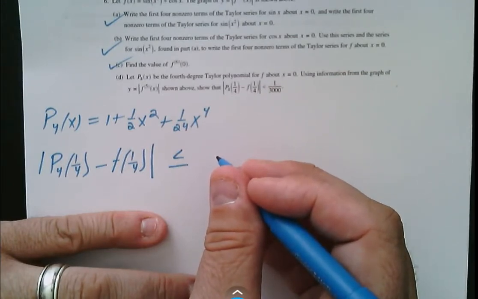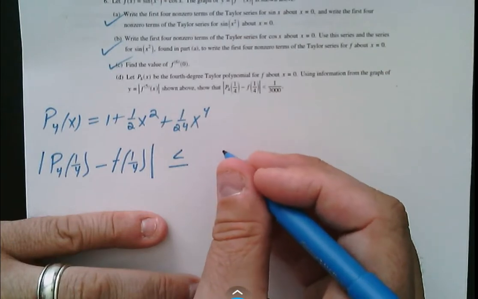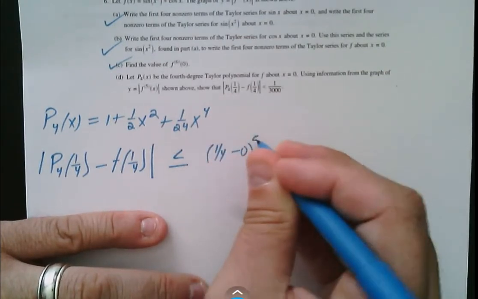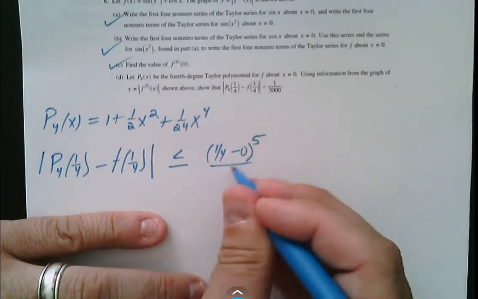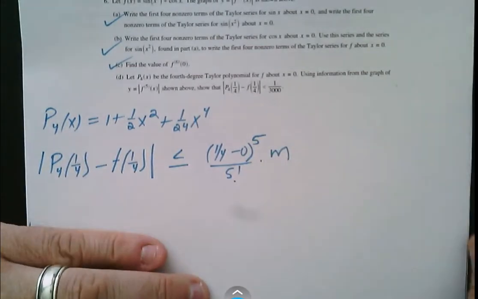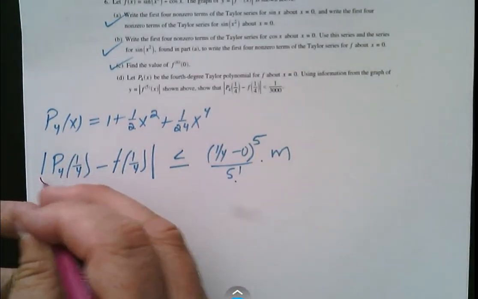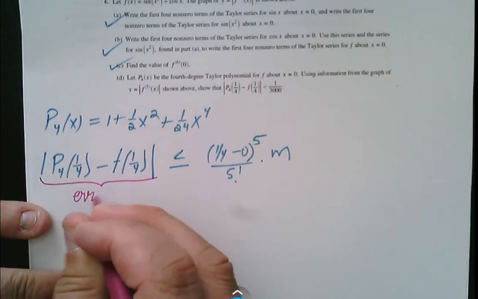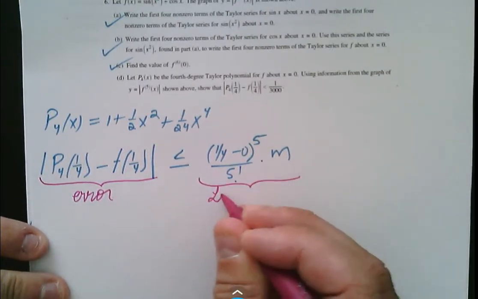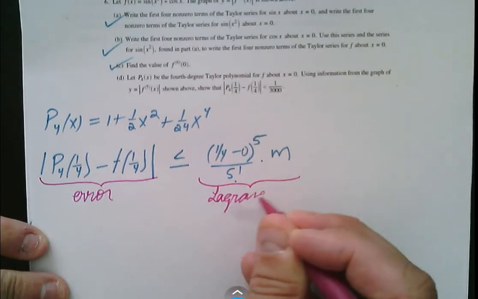Sorry, having a little bit of a brain fart here. Okay, we're centered at 0, so it's going to be 1/4 minus 0 to the 5th power divided by 5 factorial times M. This is your error. This is what Lagrange says.